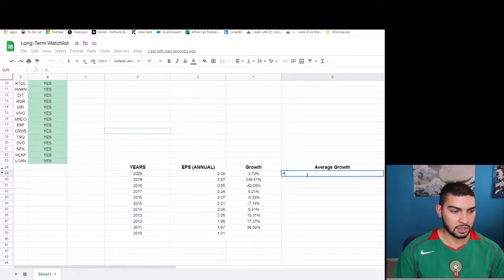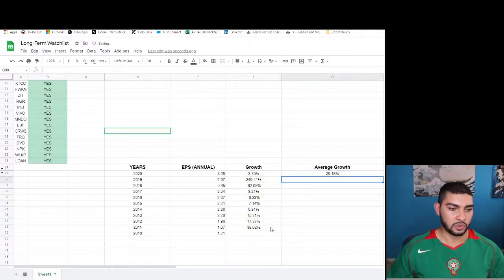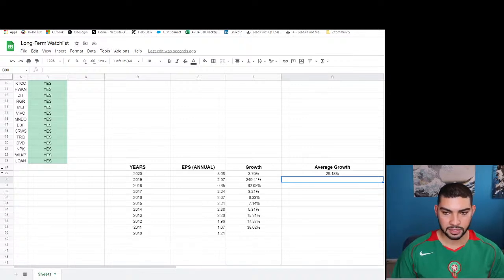So we're going to average out all of these data points and see what number we end up getting. 26.18%, meaning that Oracle will fit our criteria for this metric.